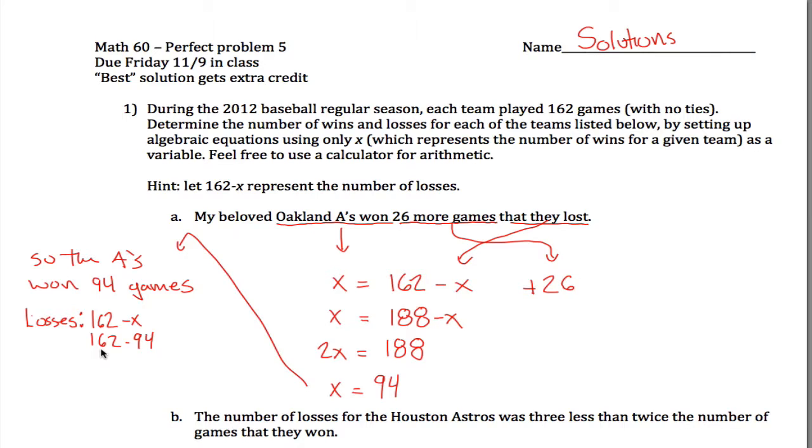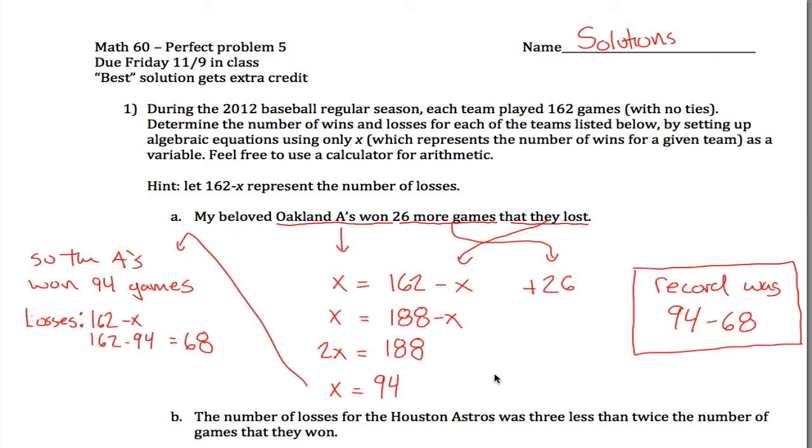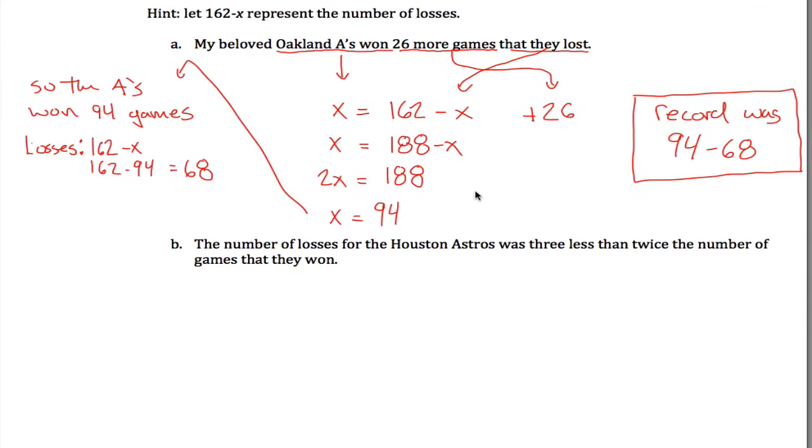So we have to figure out what's 162 minus 94. What is that, 68? Yeah, 68. So their record was 94 and 68. Not too bad.